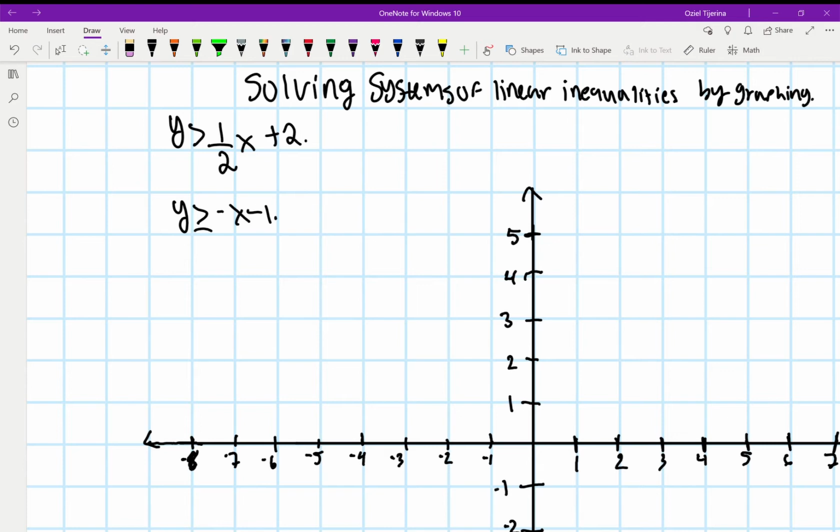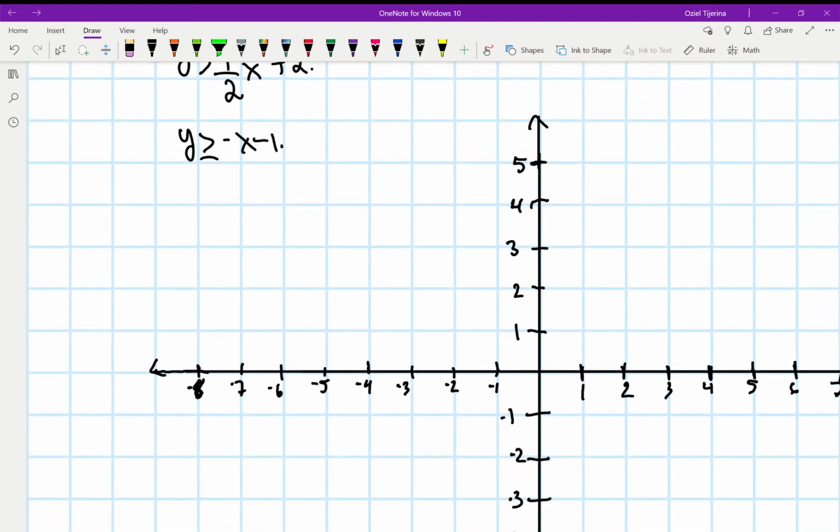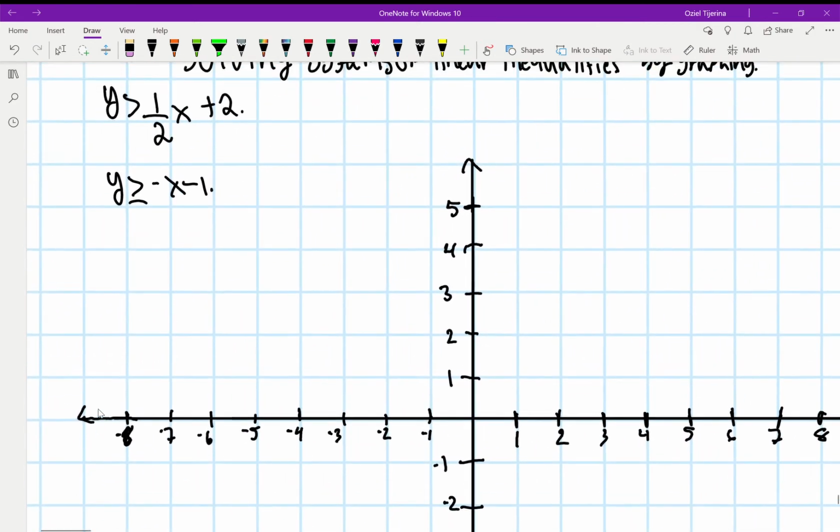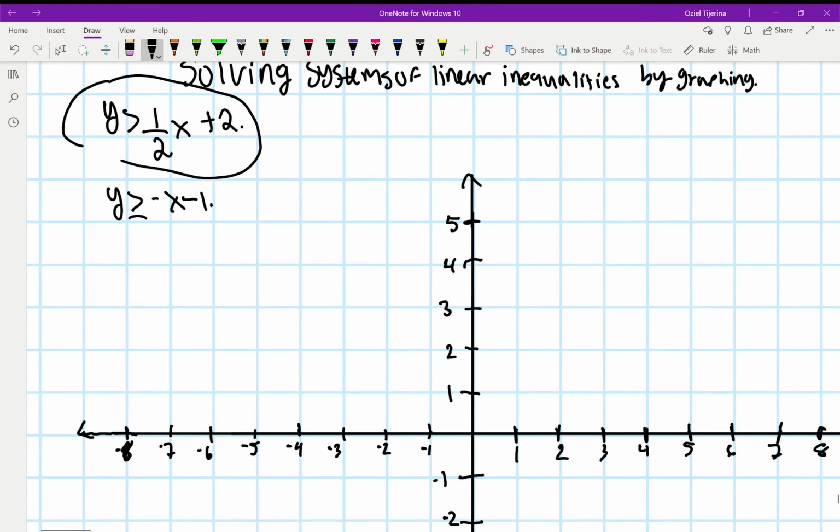One thing to keep in mind is that you want to make sure you graph both of them right away, because if you only graph one and you shade it, it can mess up the other one, if that makes sense. So first we're going to graph this first one right here.